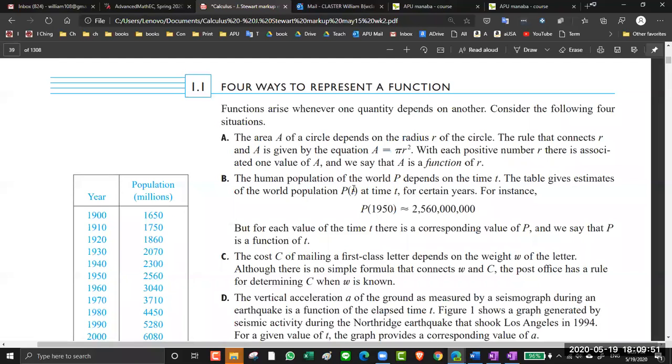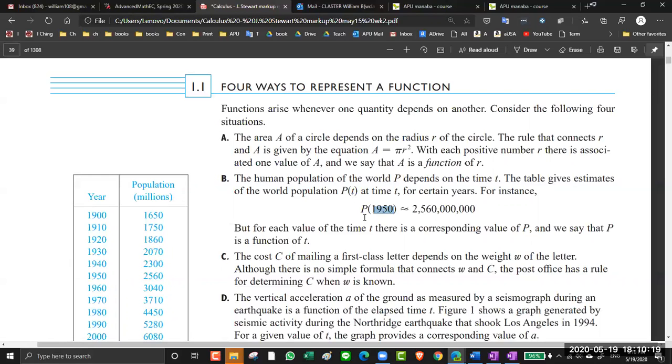Okay. Next one is human population. The world population P depends on time. So for example, if you put in 1950, at that time, there were about 2.5 billion people. So if you put in a different time, you get a different population.